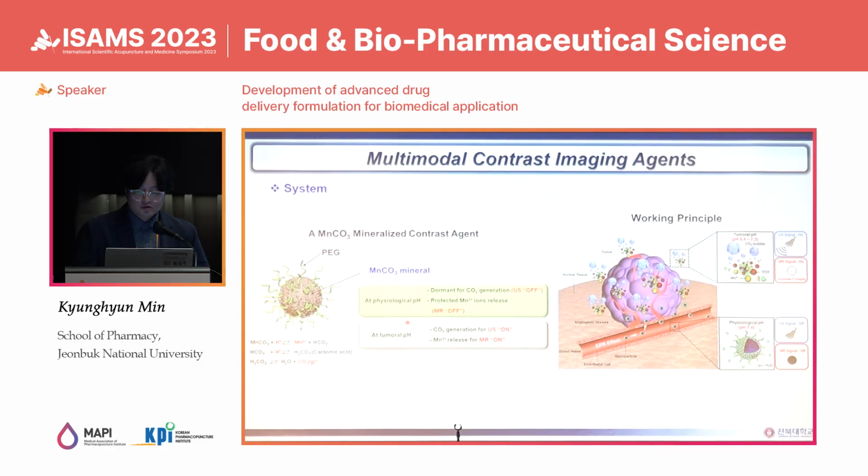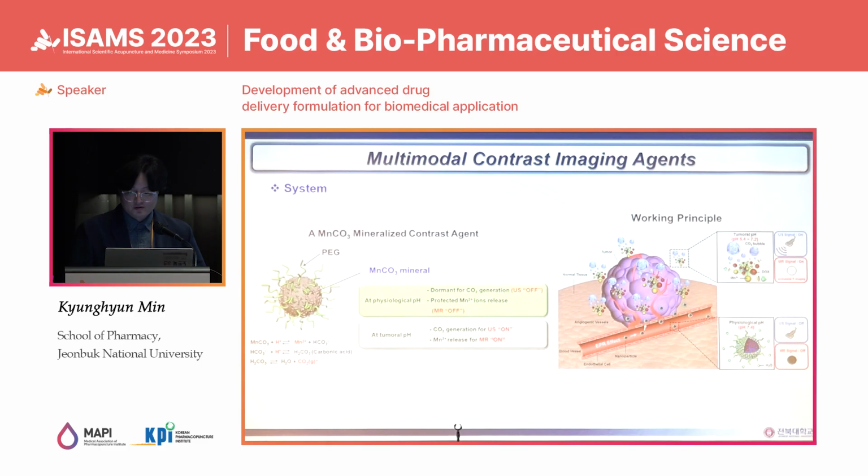At natural pH, it retains its stable crystalline structure, but at slightly acidic pH, it can be ionized, generating T1 manganese ions and carbonate gas molecules. As in the case of the gadolinium manganese nanoparticle, at the tumoral pH, the manganese carbonate nanoparticle may simultaneously switch on the MR and ultrasound signals.